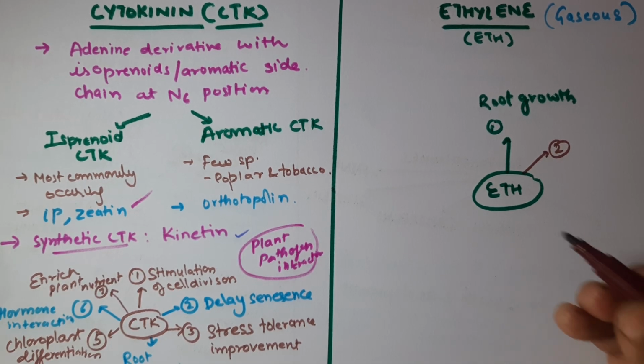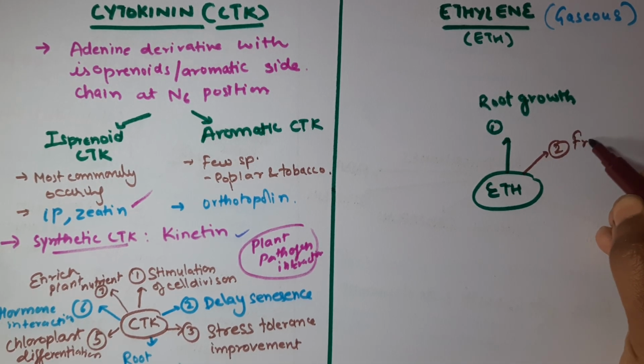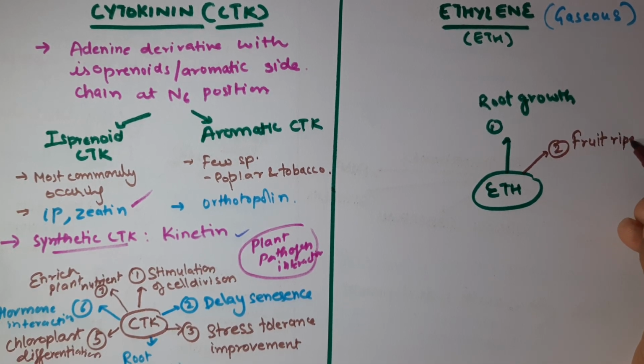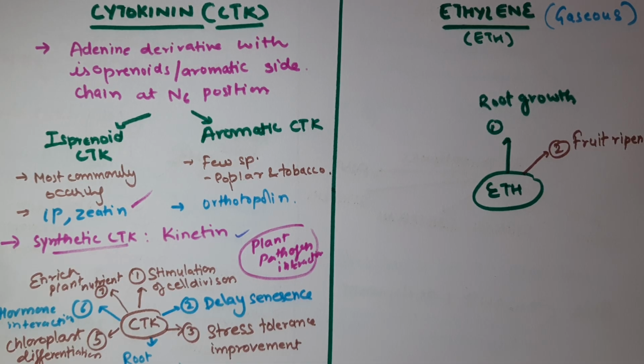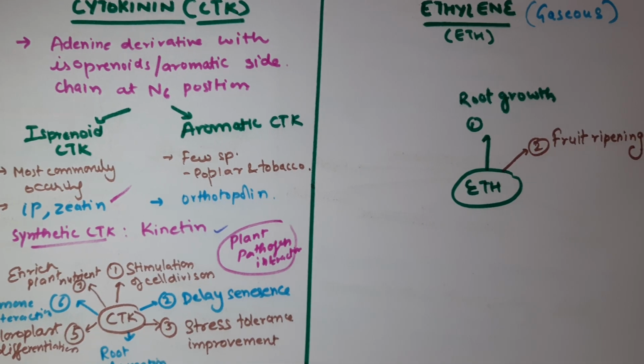Then obviously, if you talk about ethylene, it is used commercially for fruit ripening. It will not only change the softness of the fruit, it will also change the color, and it will give a sweet taste to the fruits.